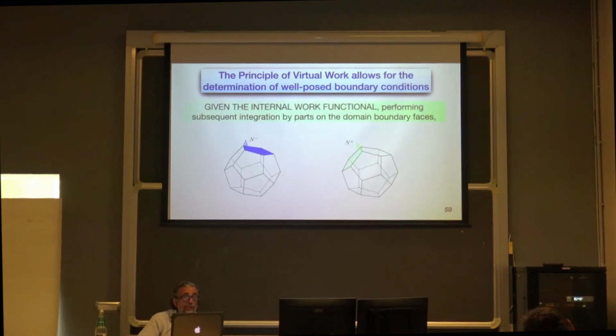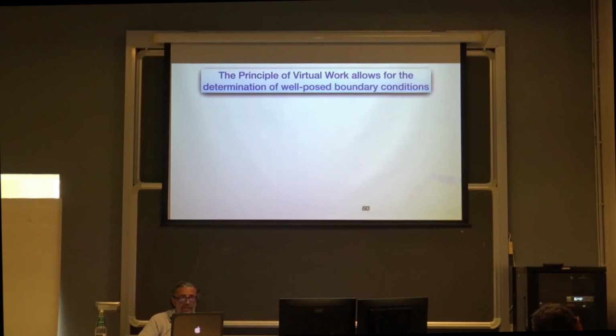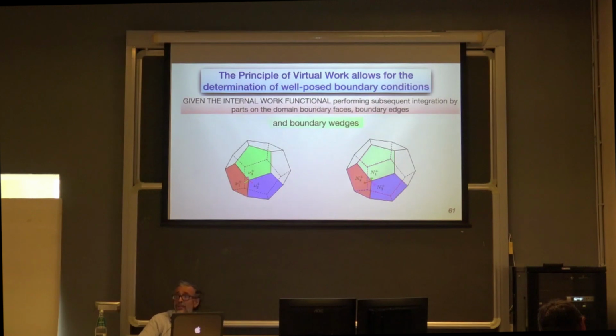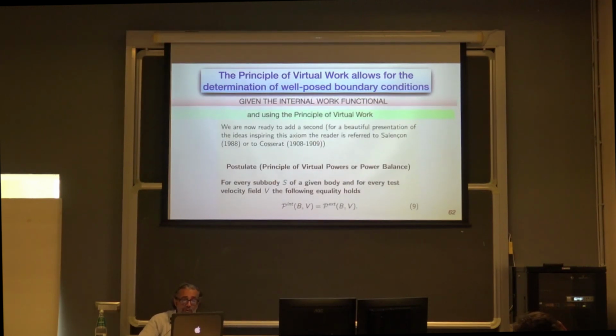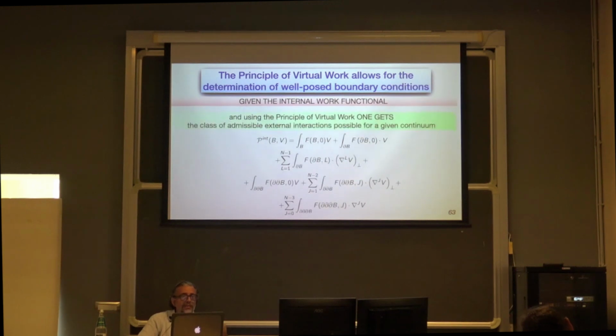Okay, so given the internal work functional, performing subsequent integration by parts on the domain boundary faces, on boundary edges, and on boundary wedges, and using the principle of virtual work, that is internal power equal external power, you get the class of admissible external interactions possible for a given continuum.